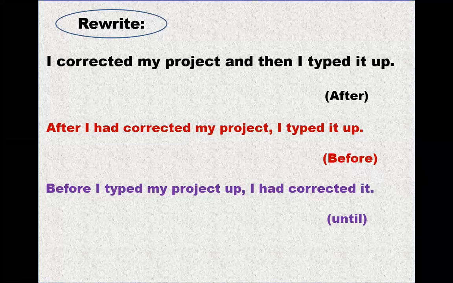Until must come in the middle, but the sentence before until must be in past simple, negative form. And the second sentence which comes after until must be in past perfect tense.